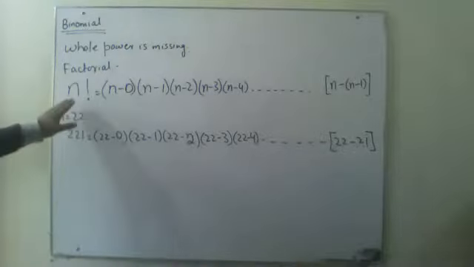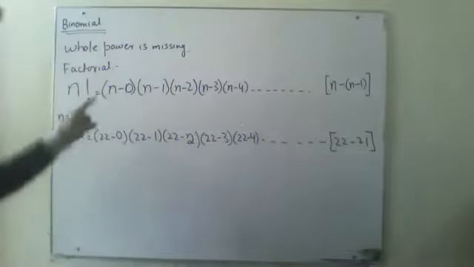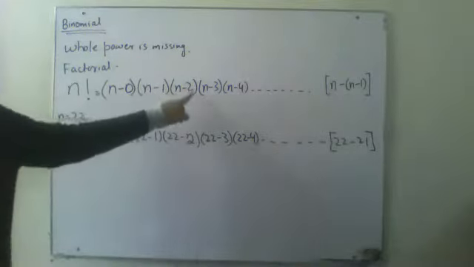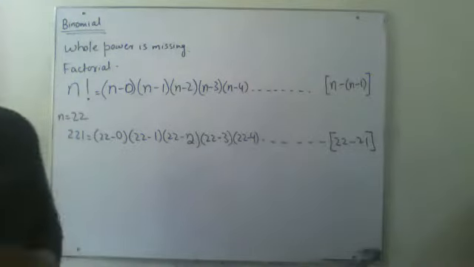Okay, so when we are going to expand this, we always expand it like this: first of all subtracting 0, then 1, then 2, 3, 4 till your last term. Okay.